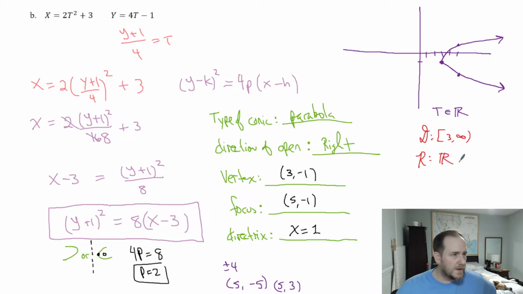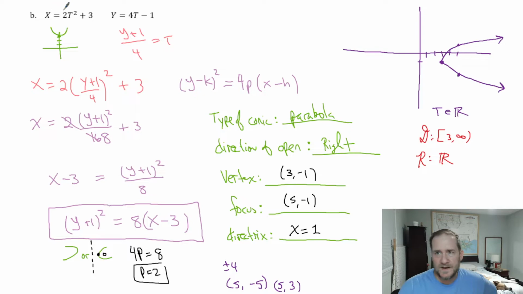All right. Would we inherit any restrictions from the parametrically defined functions? Not really. Looking at 2t squared plus 3, if you were to consider that function, then essentially you've got a parabola. The 2 just stretches it vertically, and then the 3 shifts it up. So we can tell just by thinking about this x equation that our x's are only going to be 3 to infinity.